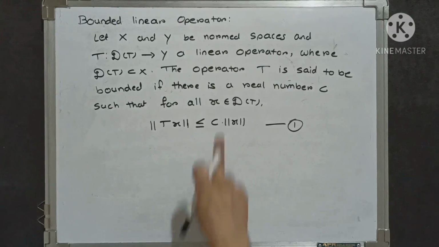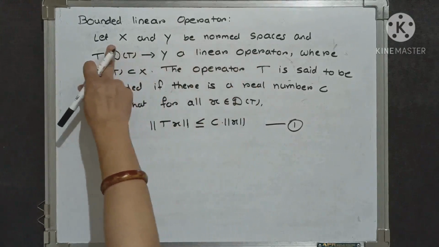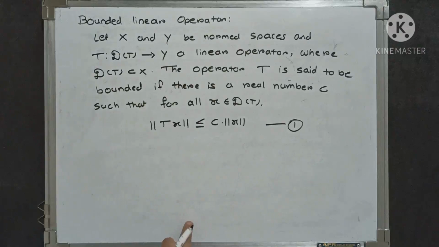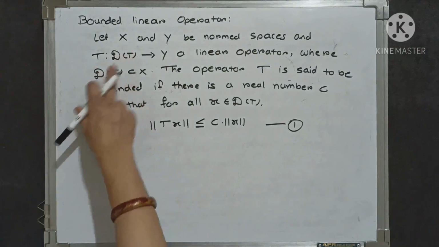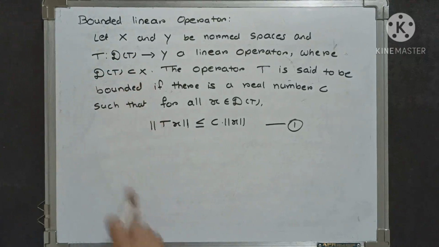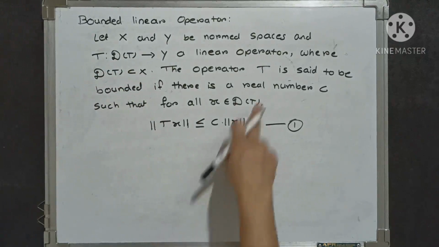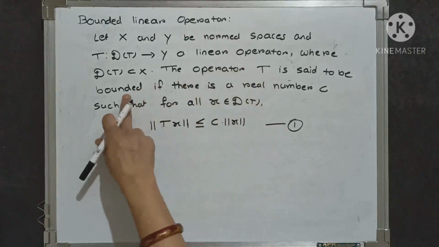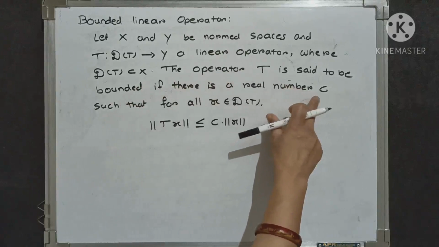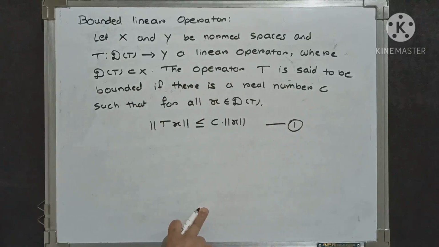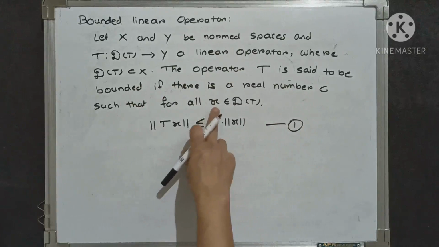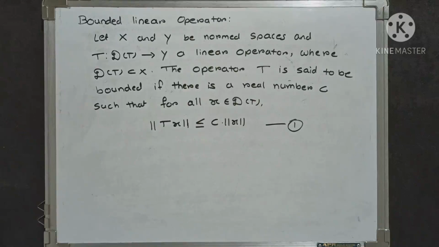Here we are given the linear operator from a normed space X to the normed space Y, and script D of T is a subset of capital X. Now we say that the operator capital T is said to be bounded if there exists a real number C such that for all x belongs to D(T), norm of Tx is less than or equal to C times norm of x.